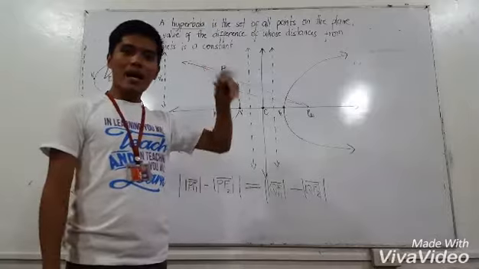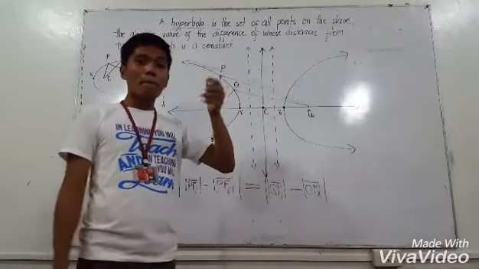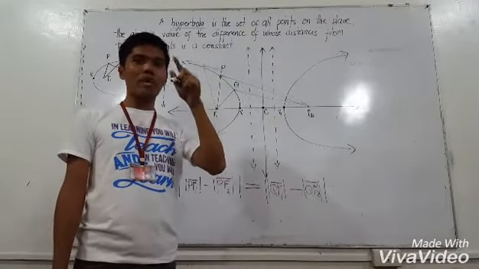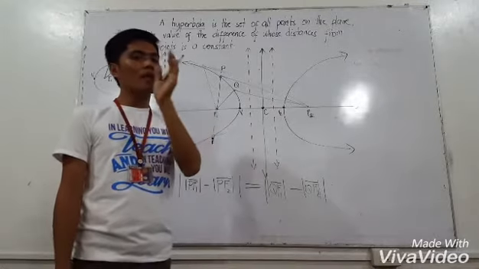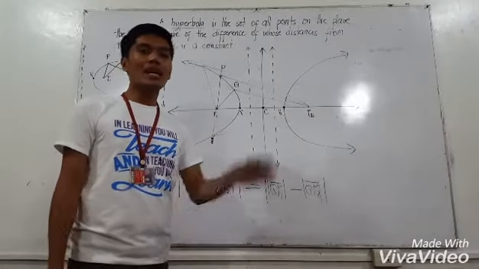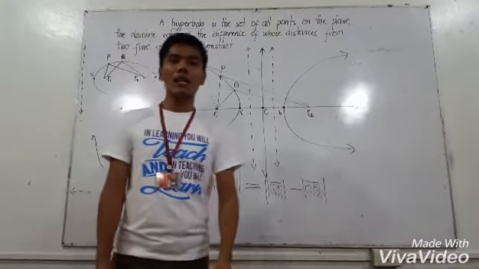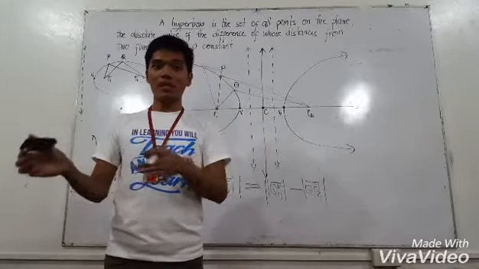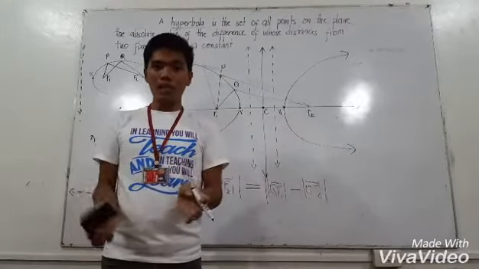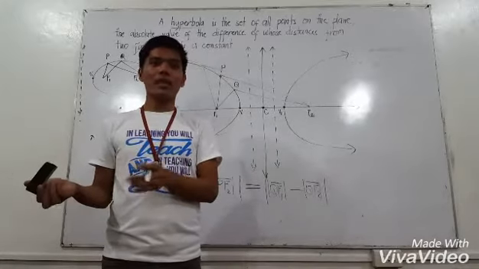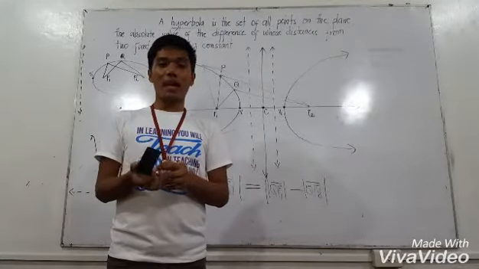Again, minus. In the ellipse, it was PF1 plus PF2 equal to a constant value. Again, the constant values here, class, are denoted by the same letters. We still have A, B, and then C. You will see that in the examples.